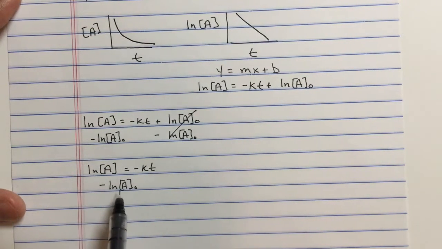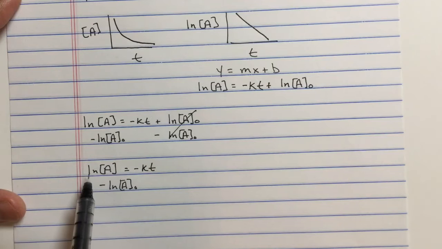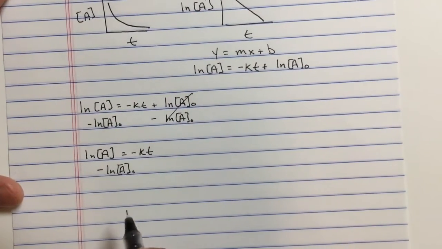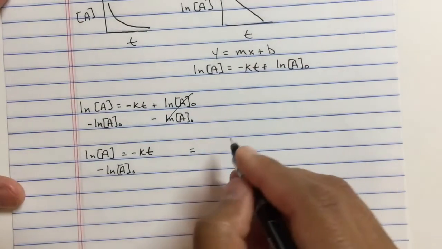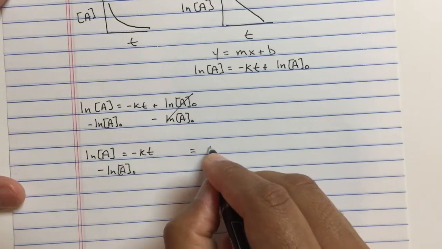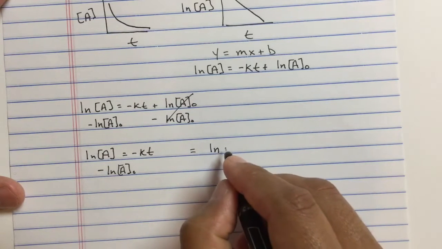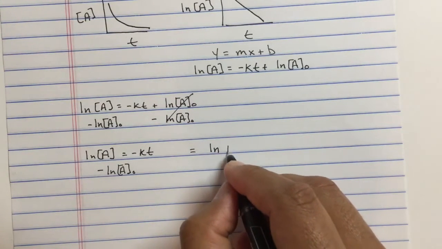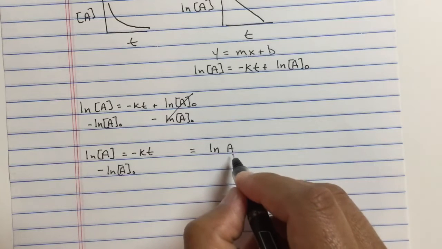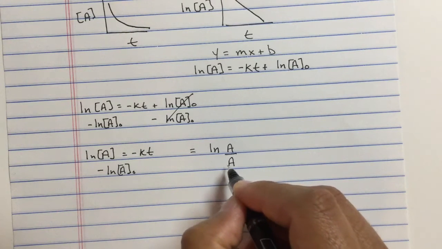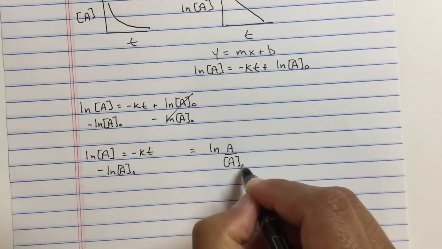There's a math trick here. I shouldn't say trick, it's a rule actually. There's a math rule with natural logs. Natural log of A minus natural log of A naught, we can rewrite as a ratio, ln of A over A naught.